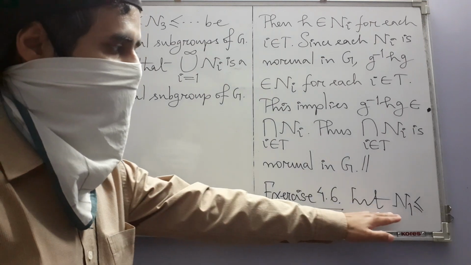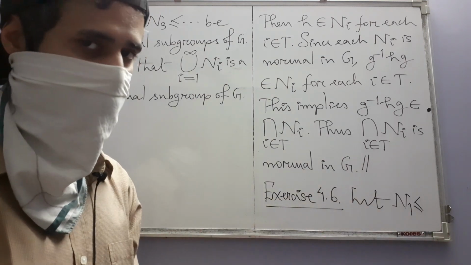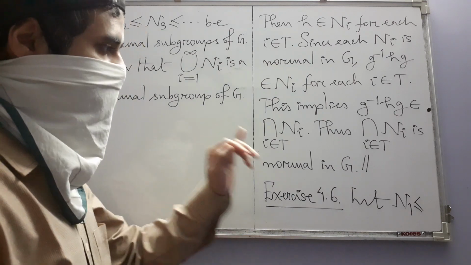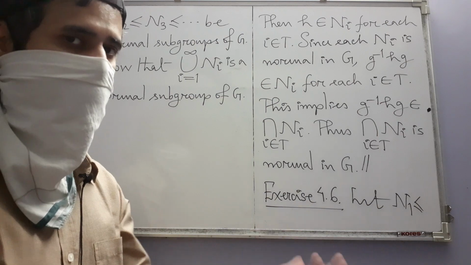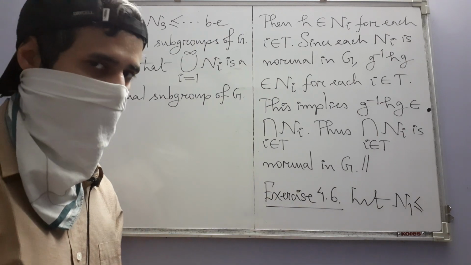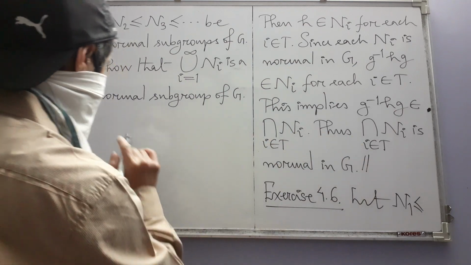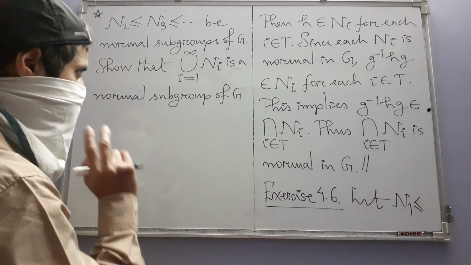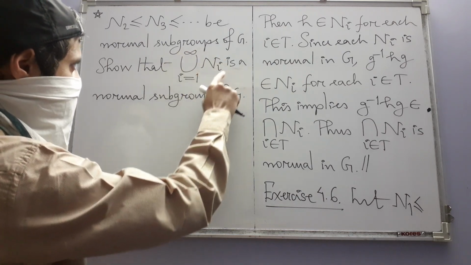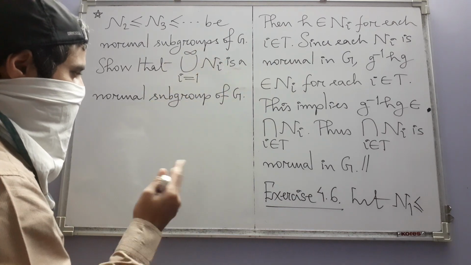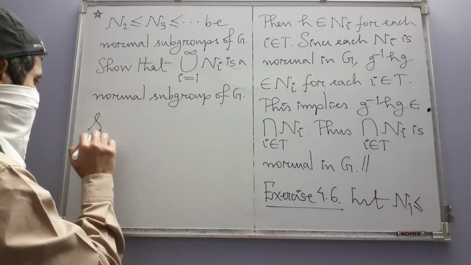It's not just a sequence of subgroups, but a nested sequence, where each group is a subgroup of the next one. So here the situation is somewhat different. We have to actually prove two things. We first need to prove that this is a subgroup of G, and then we have to prove its normality in G. So let's see the solution.